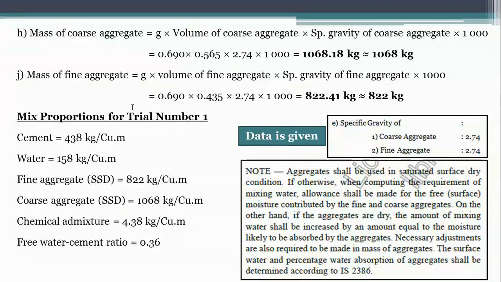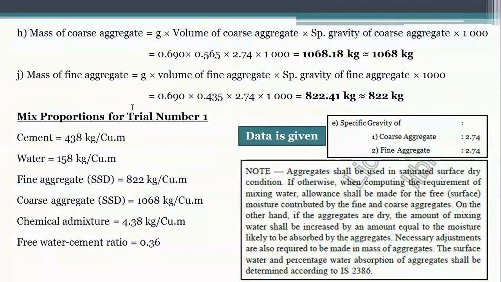In our problem, if you see the test data, they have given the free surface moisture as nil for both coarse and fine aggregate, if you remember. Nil means it is a dry condition, that means both coarse and fine aggregate are in a dry condition.